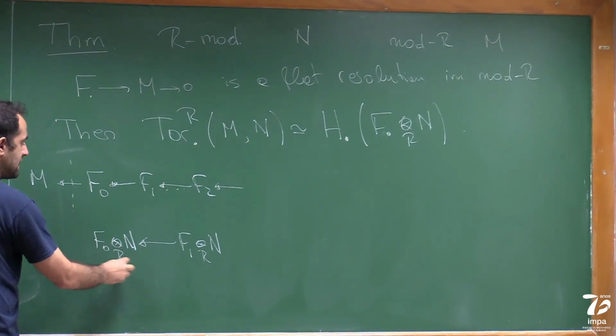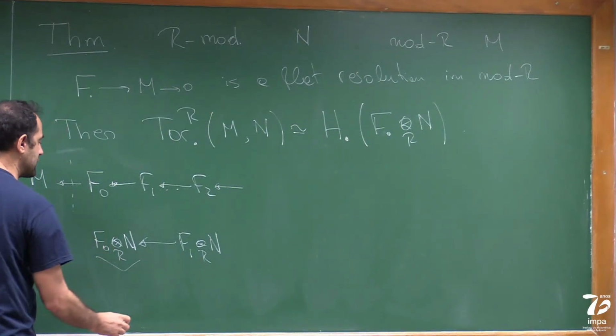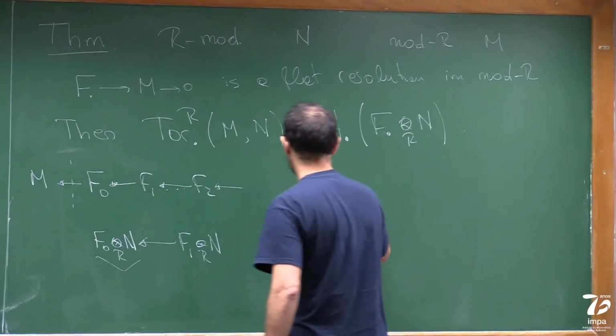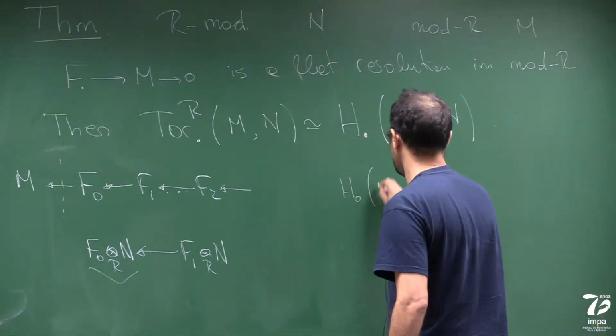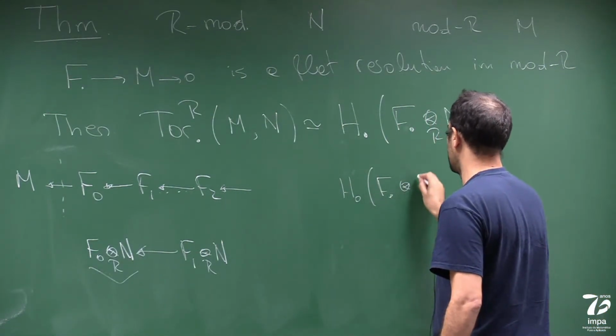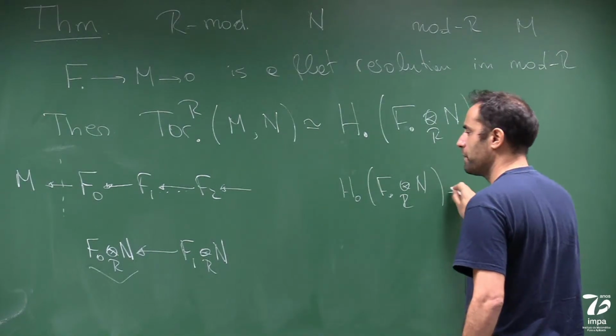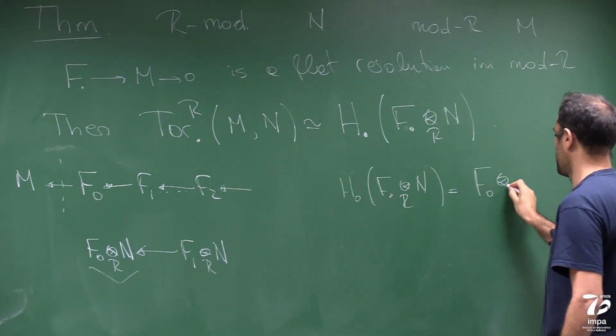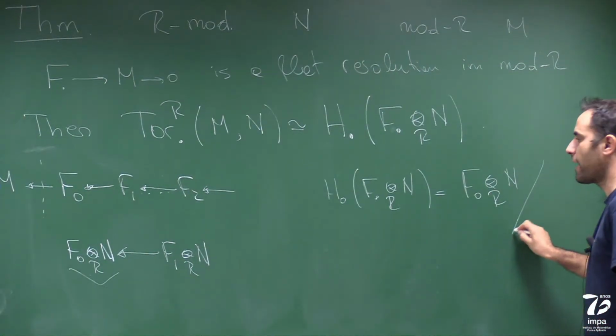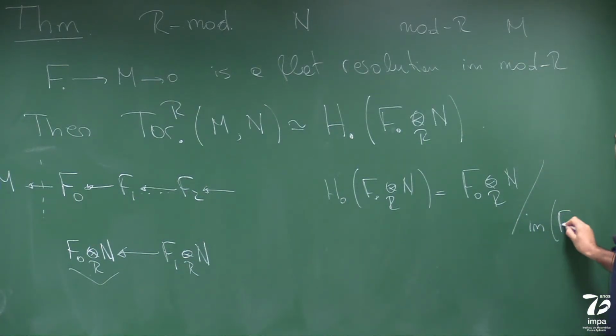So H naught of F dot tensor N over R is F naught tensor over R with N divided by the image of F1 tensor over R with N.